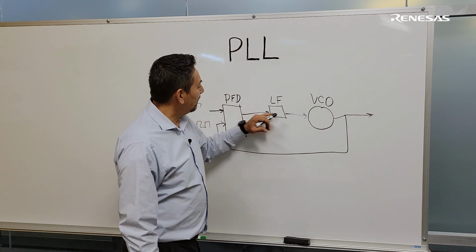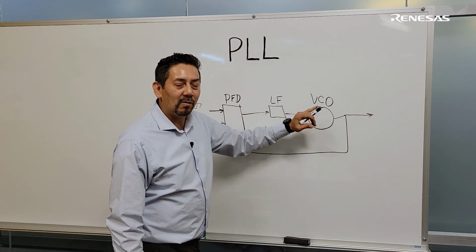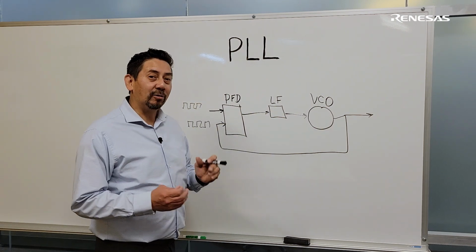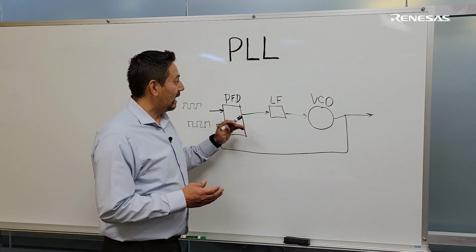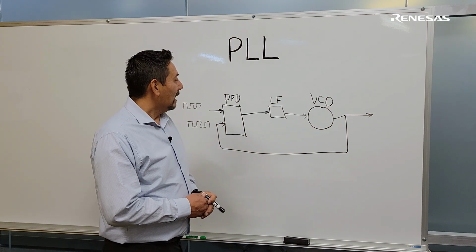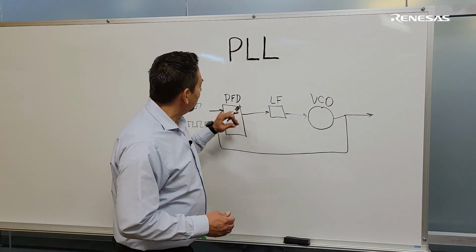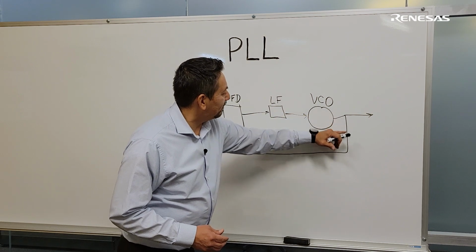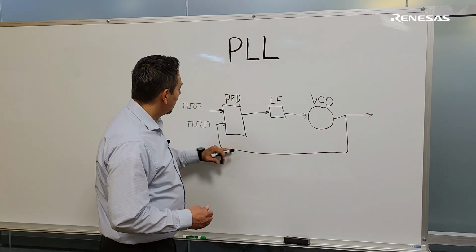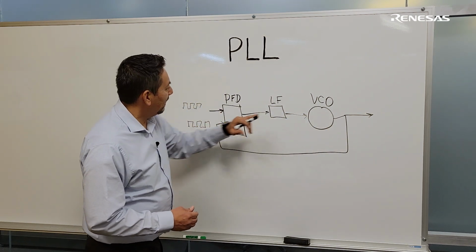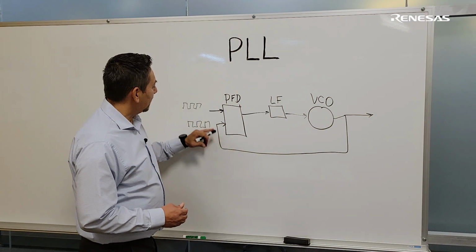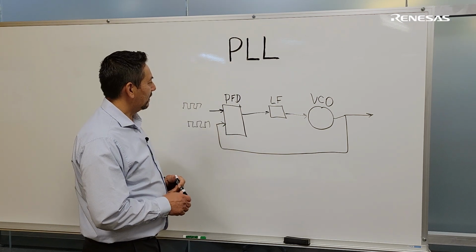It tells the VCO speed up or slow down, just like the cruise control would do in a car. As the phase detector tells the VCO to speed up, it speeds up until the feedback signal is running as fast as the input signal.